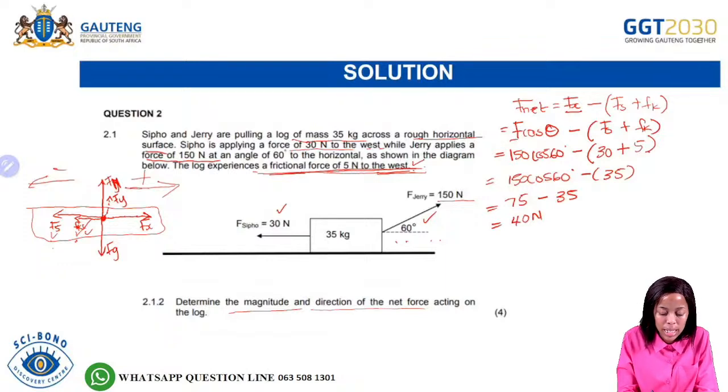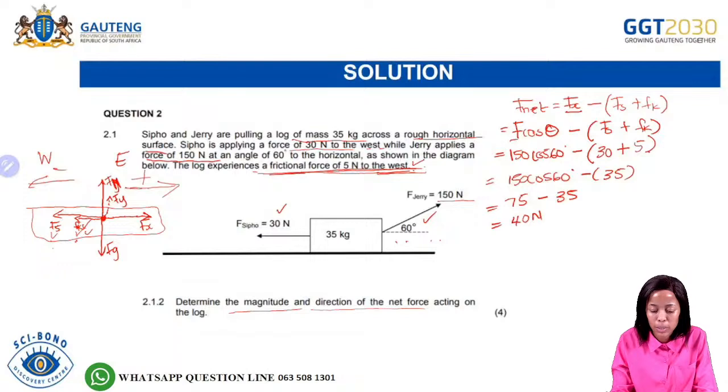So it means that in this case, we are deciding that whatever force is on the right will be represented by east, and whatever force is on the left will be represented by west.